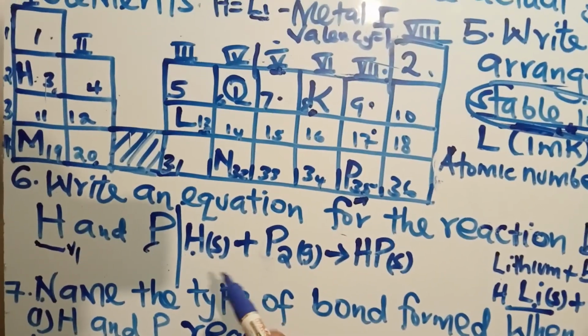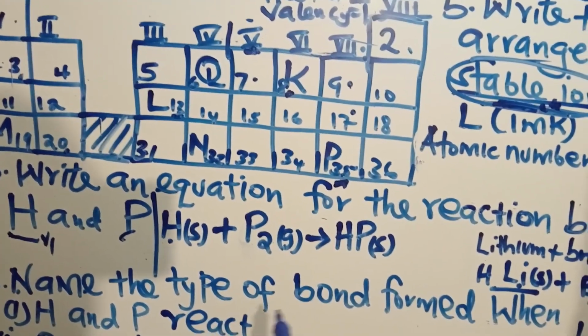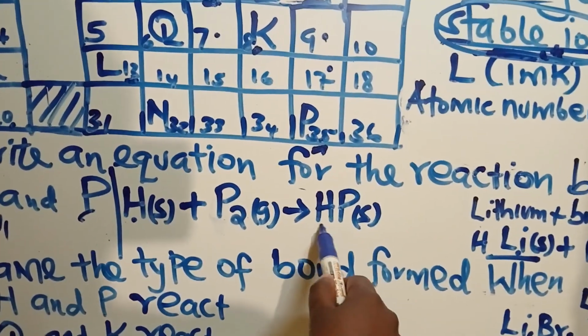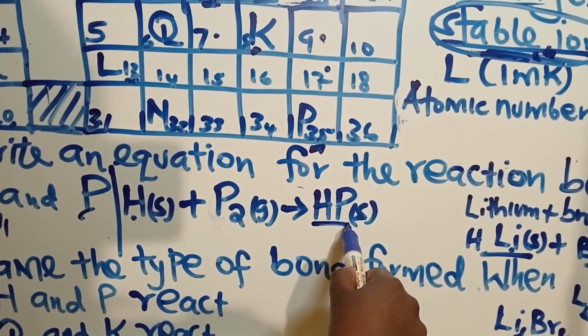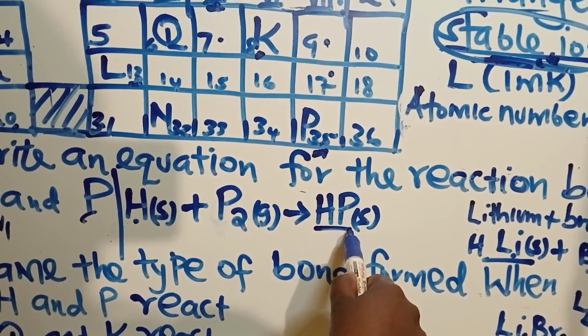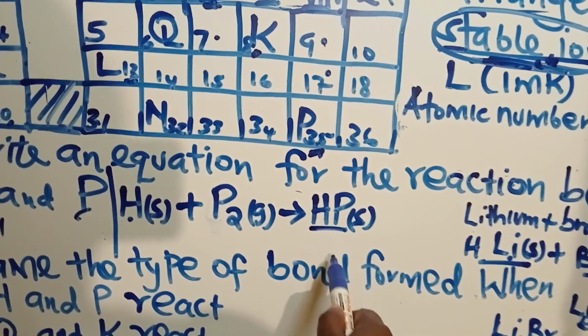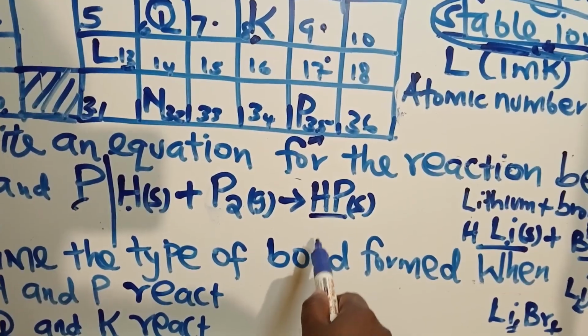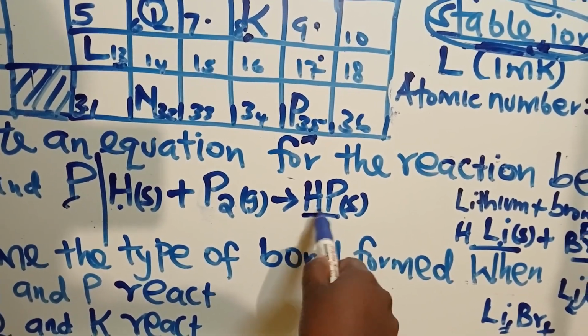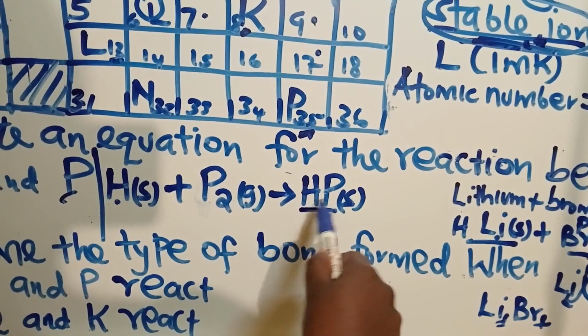Anytime you are told to write such an equation, and there is this product that will be formed here, some of the students make a mistake and they write it like this one, which is lithium bromide.